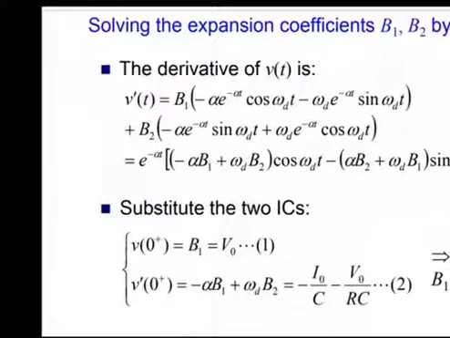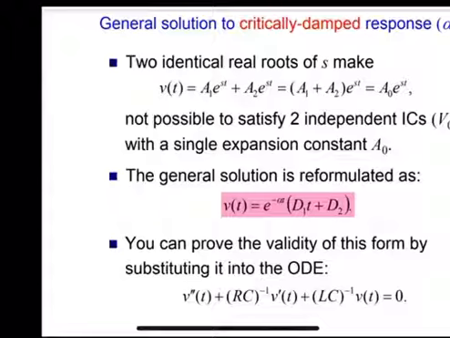For the derivative of V(t), you will have minus I naught over C minus V naught over RC. Then you solve these two equations for the constants B1 and B2.